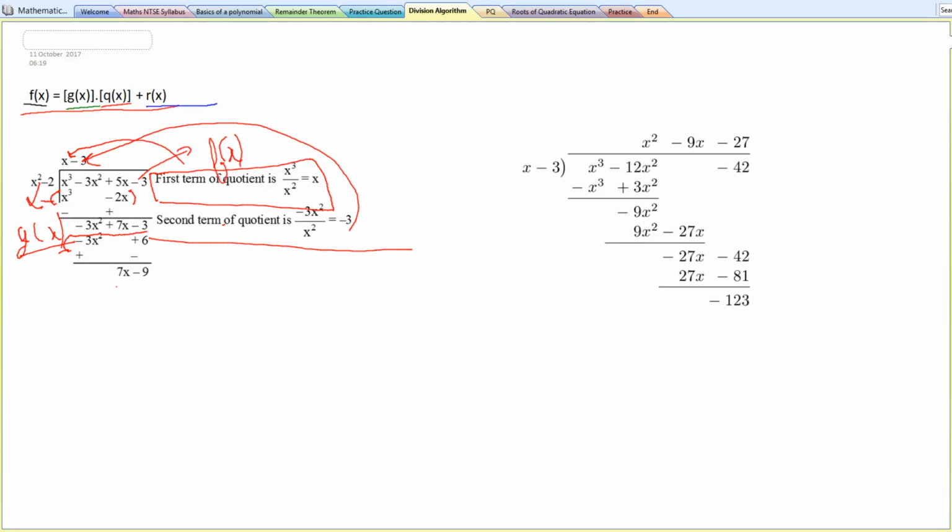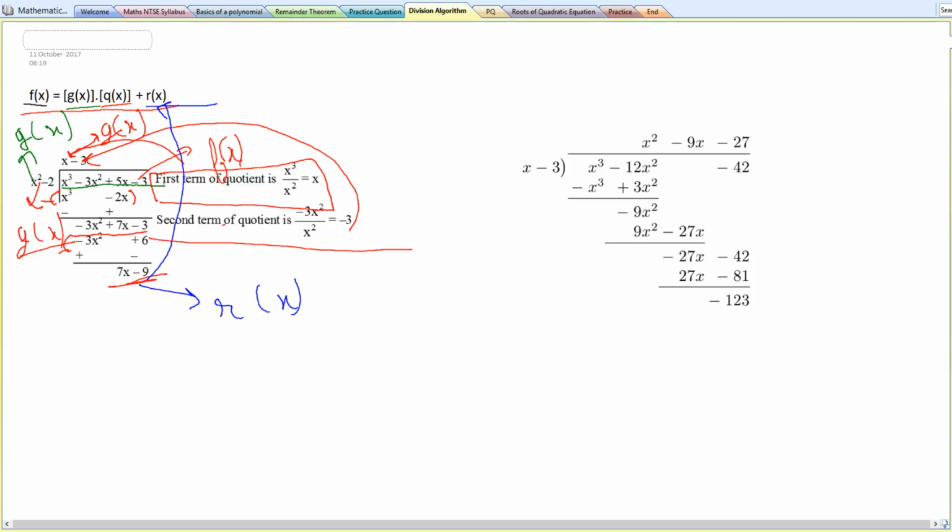So we get 7x minus 9, which is my remainder. This becomes my quotient, and as I said before, this becomes my divisor, and obviously this is f(x). Is this clear?